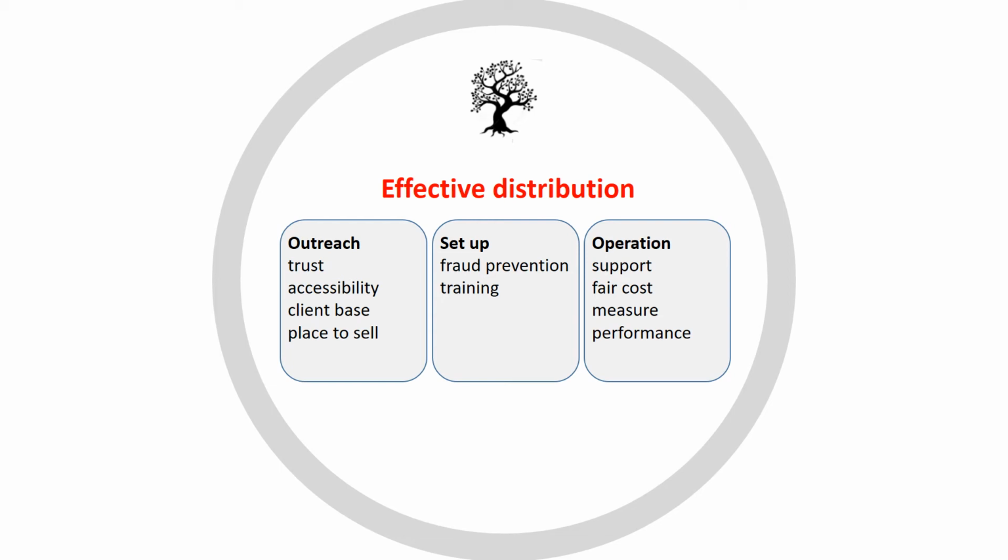For the outreach, a research in India by Micropension in early 2017 into payment agent networks showed that trust in and last mile accessibility of the agent is very important for a client like Maria to use the agent. So you should think about the client base of your distributor. Is Maria his client already? Or does a distributor offer you a marketplace Maria comes to? Remind yourself that you are looking for a shortcut.